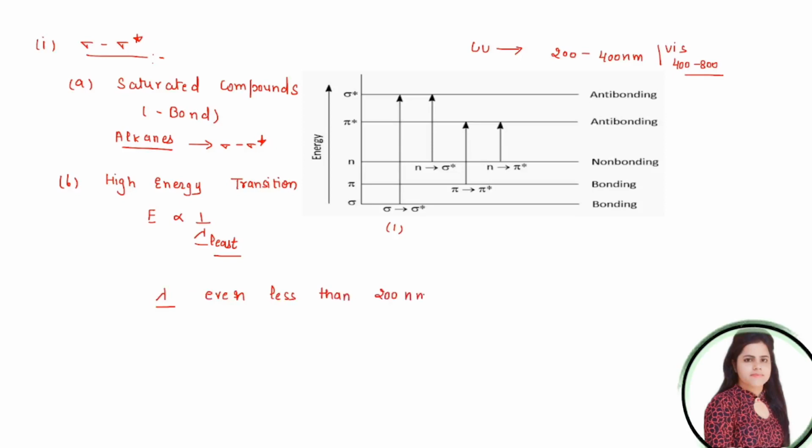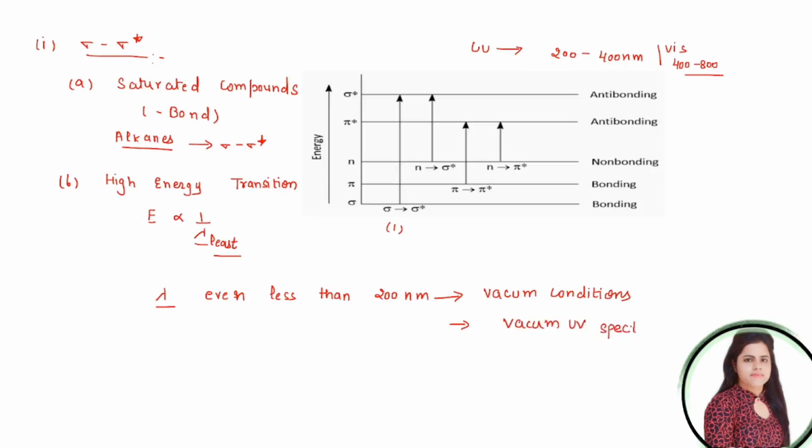That type of molecule is studied when we provide vacuum conditions, and that kind of spectroscopy is called vacuum UV spectroscopy.